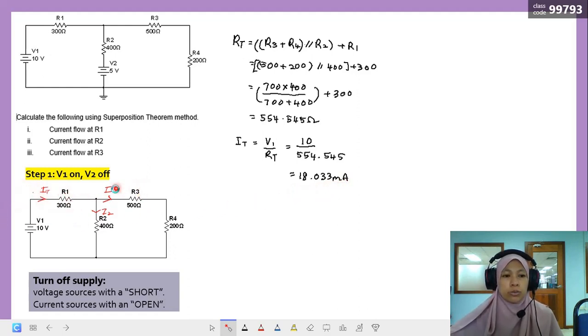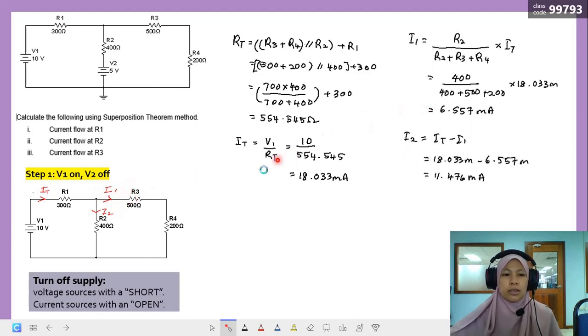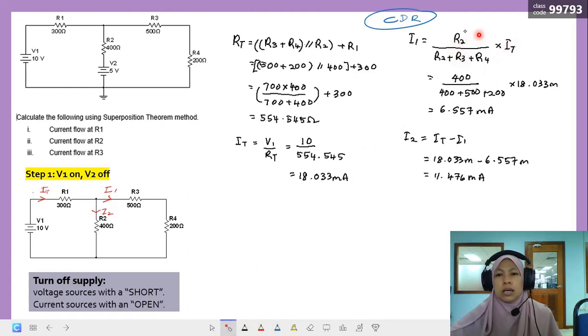So the next step, we have to calculate I1 and I2. If you want to get I1, this is the step. Using CDR, R1 over R2, R3 plus R4, times I total.